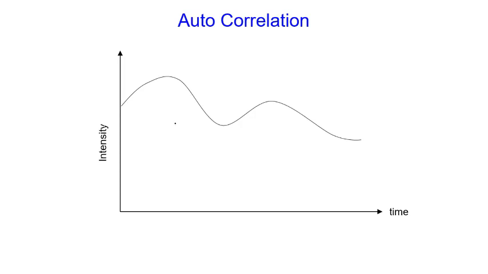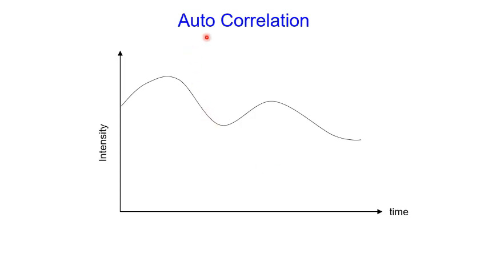So let's say you have a signal like this, okay, and there is some variation in the intensity, because this is what we are trying to capture, the intensity variation with respect to time.